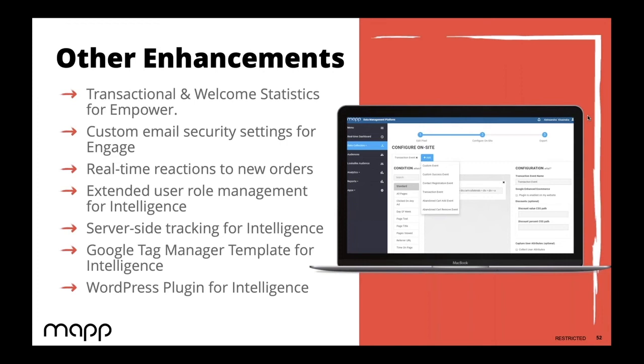And last but not the least, at least for my section here, in terms of real-time reactions to new orders, we have not forgotten about our Acquire customers. Mapp Cloud is used by customers in combination with other apps like online shops, for example. The data and events produced in those web shops could also be used in Mapp Engage to trigger some actions or to use it for better contact targeting within selections.